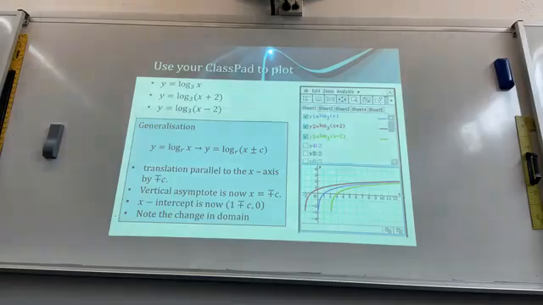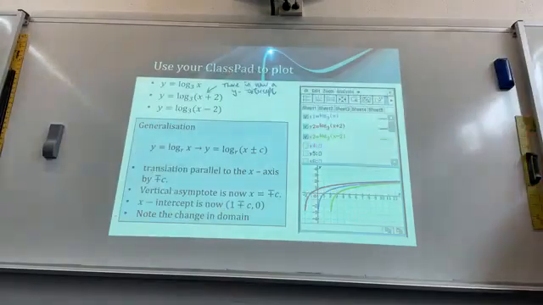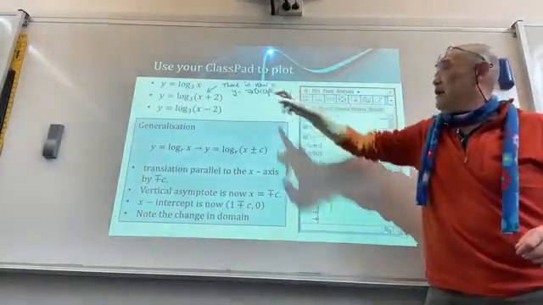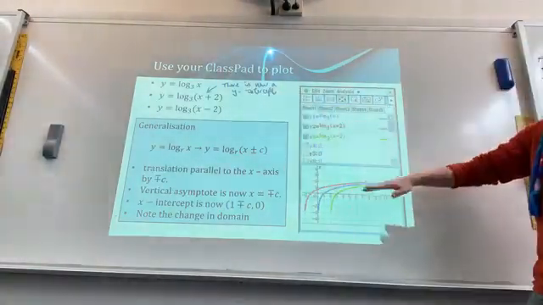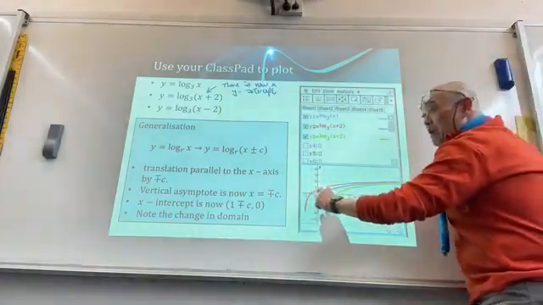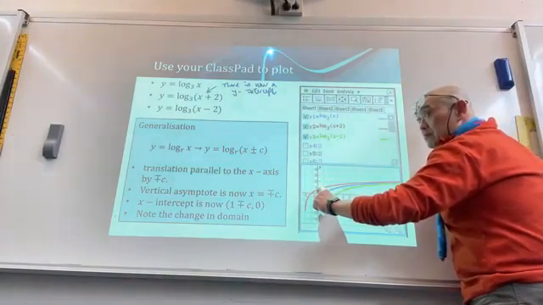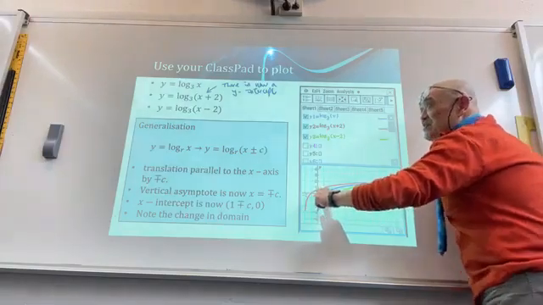There will be situations where you will have the y-intercept. There is now a y-intercept for this one. X plus 2, because you're moving back, so you've got a y-intercept. What equals 0 at the y-intercept? X equals 0.